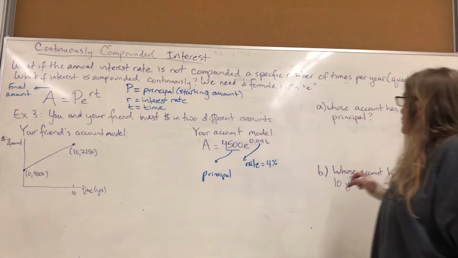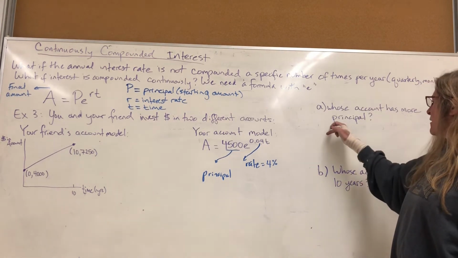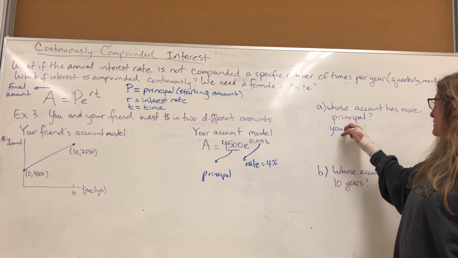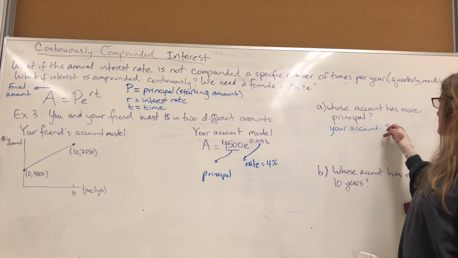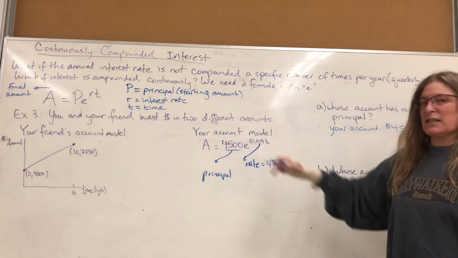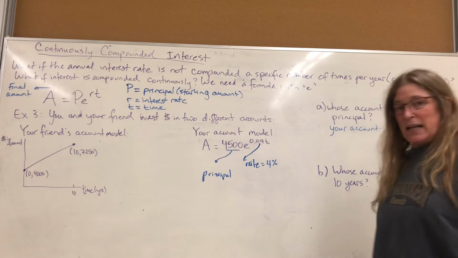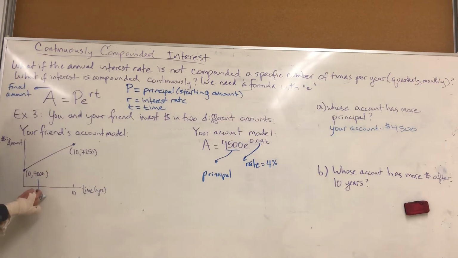So if I'm asked the question, whose account has more principal? Well, your account has $4,500 principal. Right? That's the amount you initially invested. Your friend, well, we don't have an equation, but we do know that at time equals 0, your friend has $4,000 in her account.